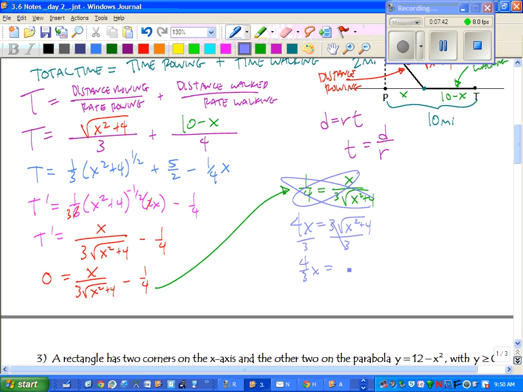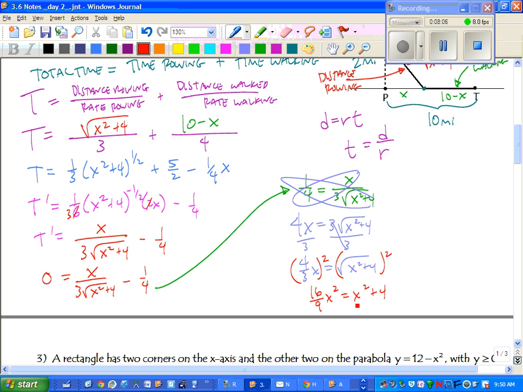So 4/3 x equals the square root of x squared plus 4. Now to get rid of that square root, we can square both sides. We get 16/9 x equals x squared plus 4. Oops, this should be a 16/9 x squared.